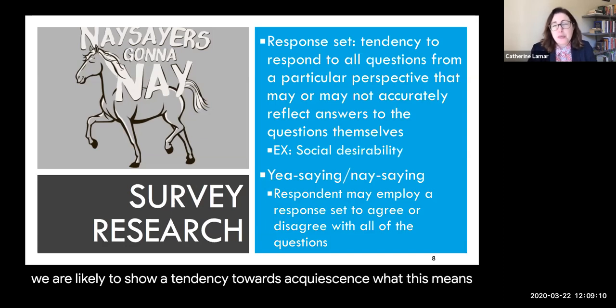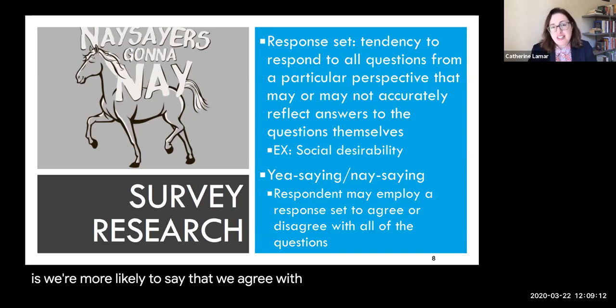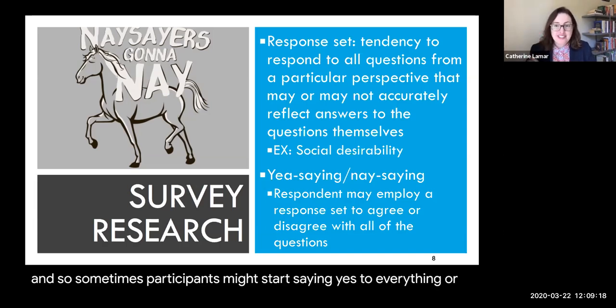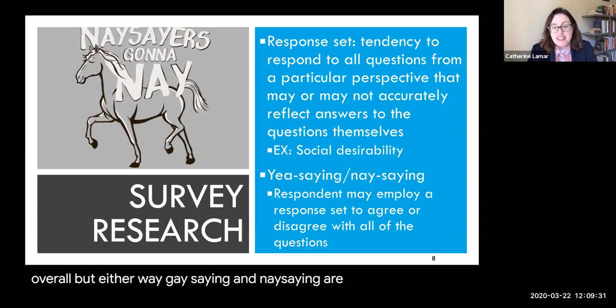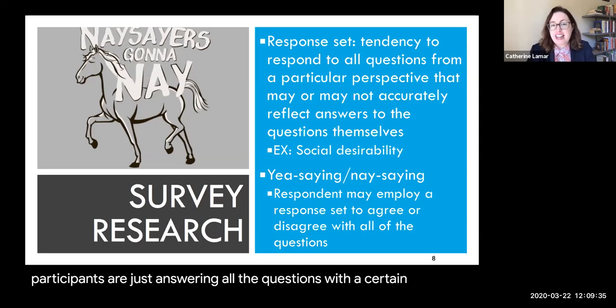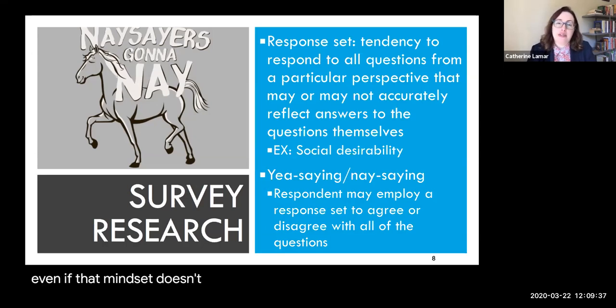What this means is we're more likely to say that we agree with something than disagree. And so sometimes participants might start saying yes to everything or agree to everything just because they are more likely to want to agree overall. But either way, yay-saying and nay-saying are response sets where participants are just answering all of the questions with a certain mindset, even if that mindset doesn't reflect who they are.